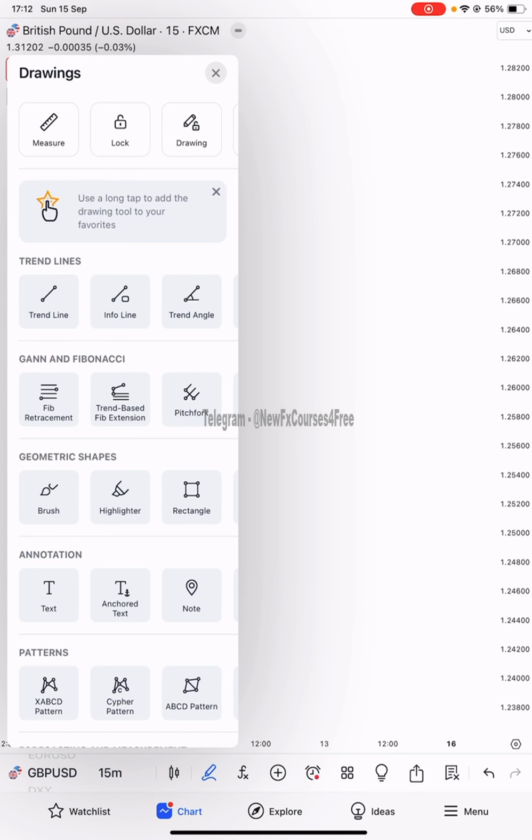So let's assume you have a clear and defined range. Okay, so you have a range defined clearly where price is not breaking this. Now you have what?